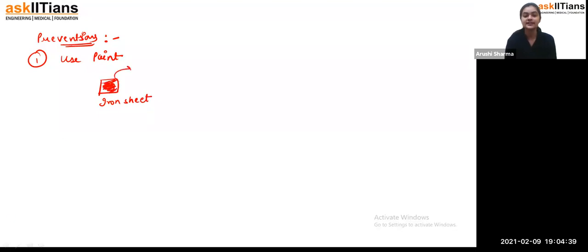We know that when iron comes in contact with oxygen and water, it gets corroded. Now what we have to do is remove that contact. Iron is there, oxygen is there, and you have to remove the contact between these two. That means you have to insert something between them, so that oxygen and water do not get direct contact with the iron. So the very first point is that you can use paint.